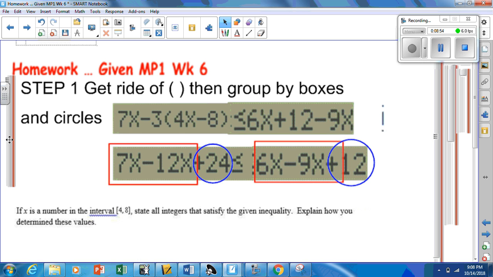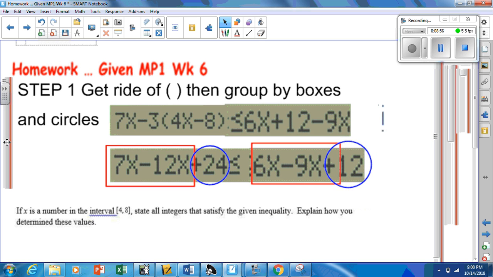First step, we have to get rid of our parentheses. Once we do that, we have to group by boxes and then by circles. The operation we use when we have parentheses is multiplication.